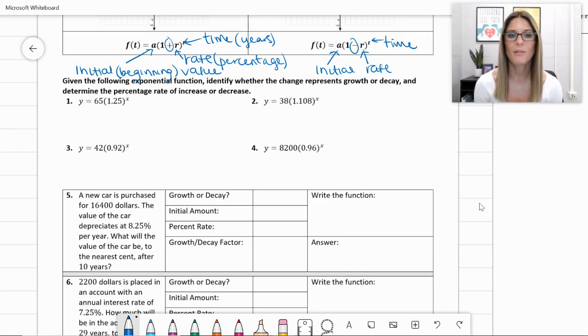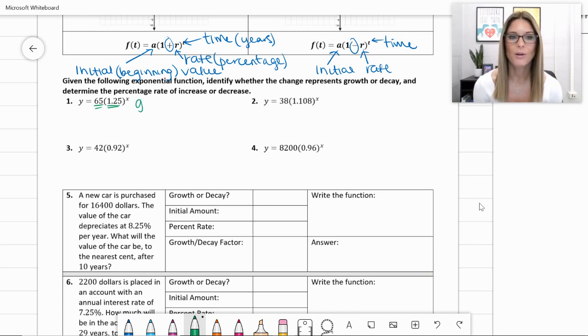It says, given the following exponential function, identify whether it represents growth or decay, and determine the percentage rate of increase or decrease. For number 1, you've got y equals 65, that's your a or your initial value, times 1.25 raised to the x. Now, is this growth or decay?